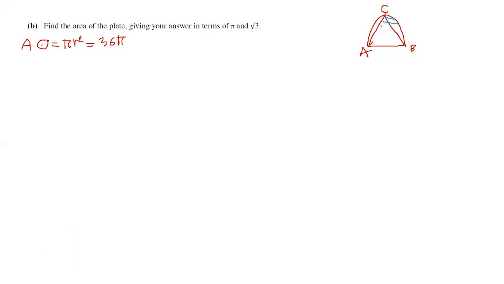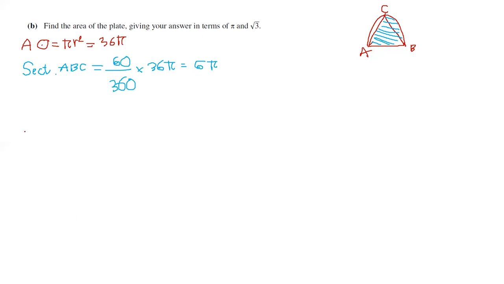Sector ABC equals 60 over 360 times 36 pi, which means 6 pi. That's sector ABC.